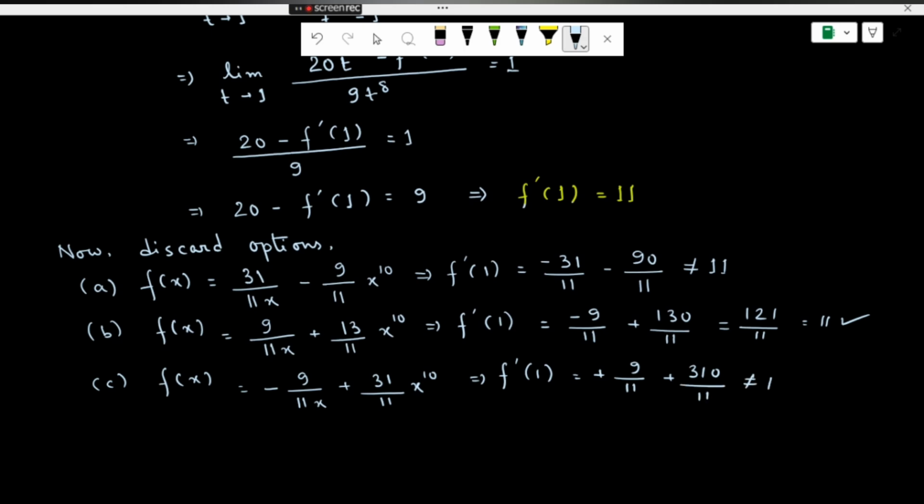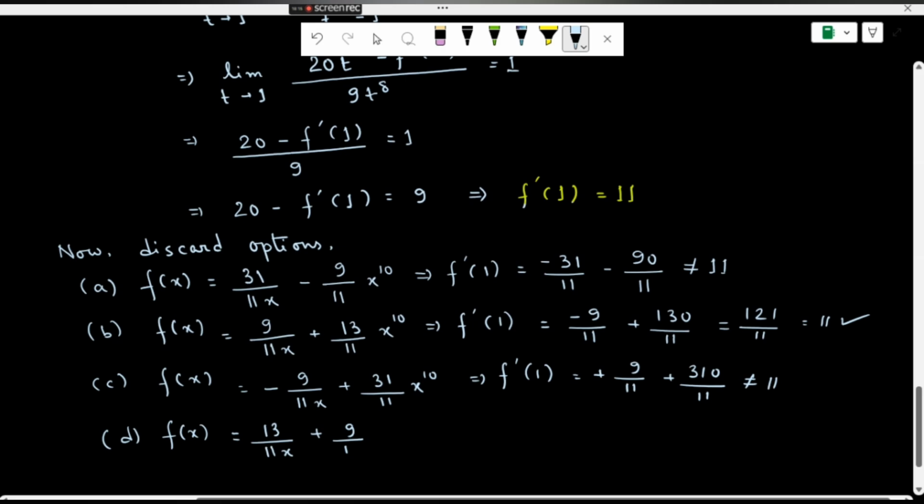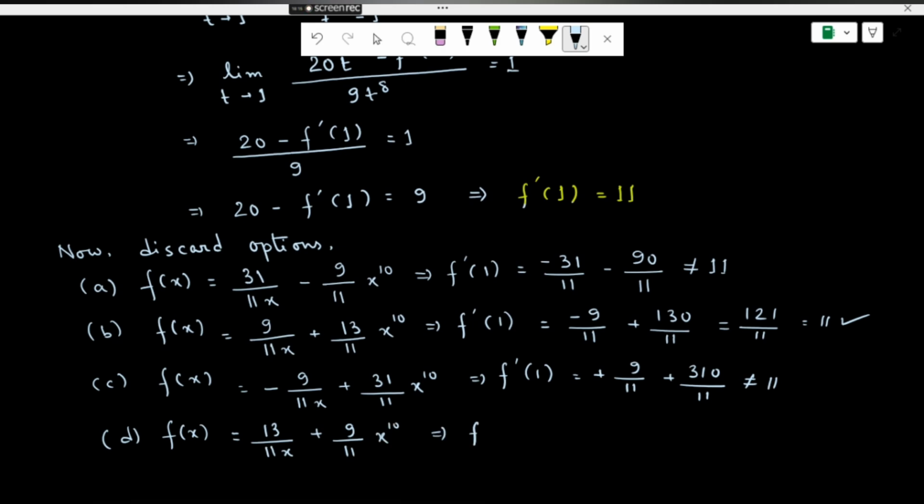For option D, f(x) is equal to 13 by 11x plus 9 by 11 into x to the power 10. So if we find f dash 1, it will be minus 13 by 11 plus 90 by 11, which is obviously not equal to 11.